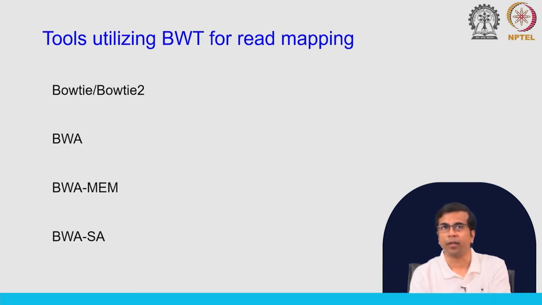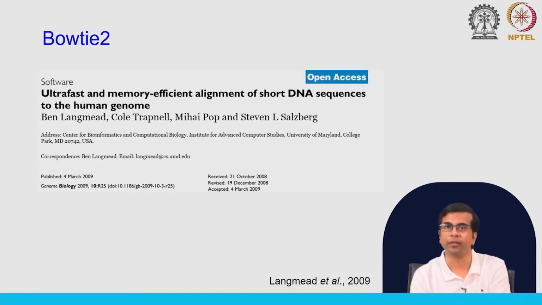Okay, so there are several tools available that utilize this BWT for mapping. You have Bowtie or Bowtie version 2, which is Bowtie2. You have BWA and its variants called BWA-MEM or BWA-SW. The tool that we will be discussing is Bowtie2, and Bowtie was published in 2009.